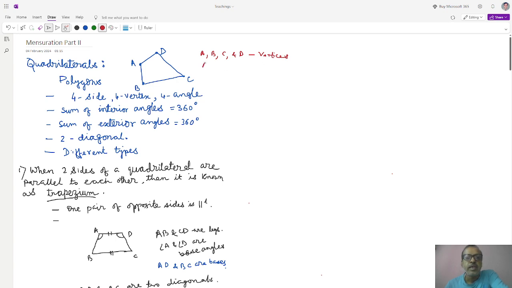And AB, BC, CD, and DA are the four sides. And angle A, angle B, angle C, angle D are the four angles.